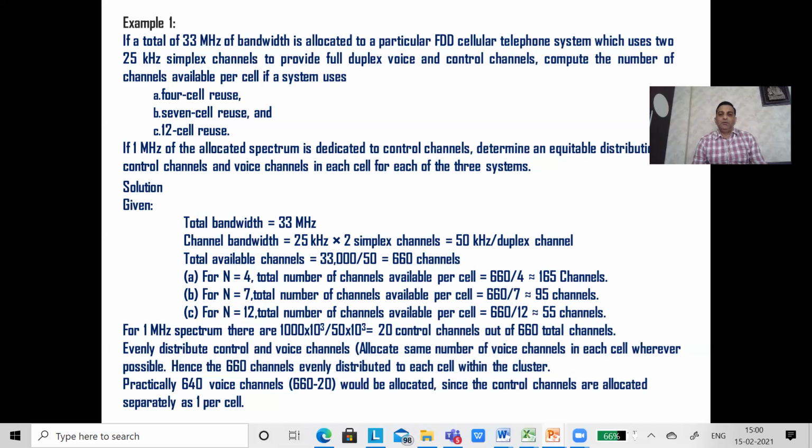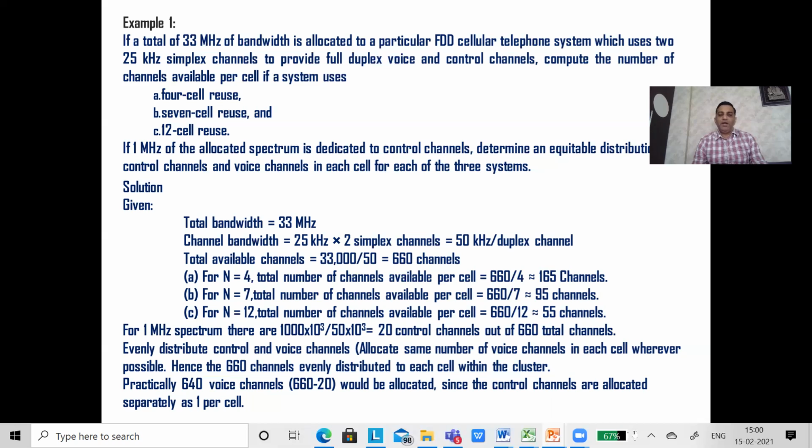When we communicate with other users, we are making use of voice channels, while control channels are used to provide other information of the network. So all the total channels are divided into voice channels and control channels.